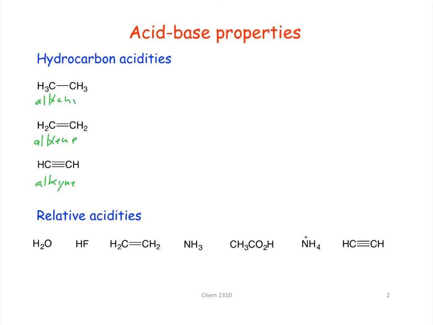All right, so what we would consider is the stability of the conjugate bases. So let's just draw out the conjugate bases. We're going to take off one H, and we're going to be left with an anion, plus H plus. So that's the acid-base reaction of ethane.